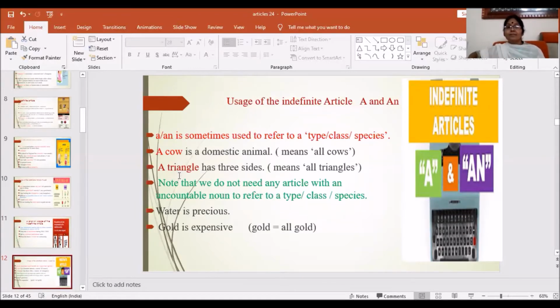Say water. Water is precious. We don't need an article. Gold is expensive, means all gold, but they are uncountable nouns. So here, cow is countable, which is representing a class, so we use a. Triangle is countable, which represents a type, then we call it a. We use our article a or an depending on the sound, right? Next.